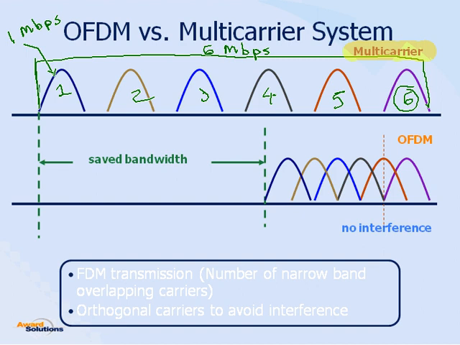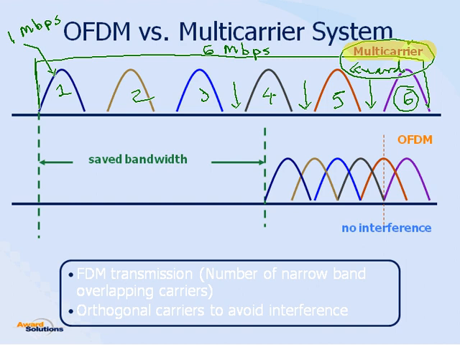Okay, so let's say we have a traditional multi-carrier system. In that case, if you observe between 2 adjacent carriers, we have some sort of guard band. Who will tell me the benefit of having a guard band in a traditional multi-carrier system?